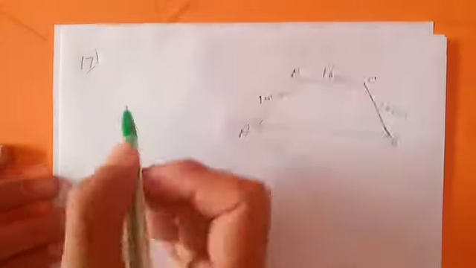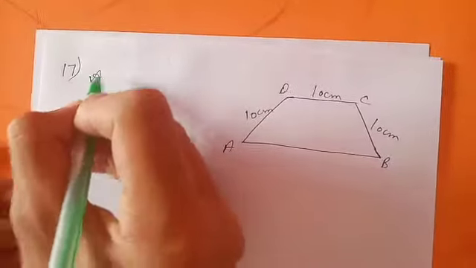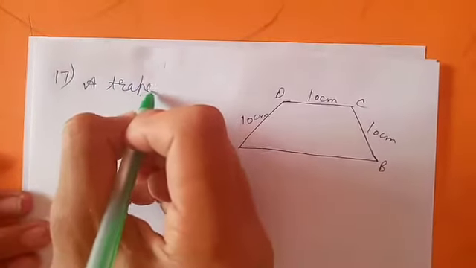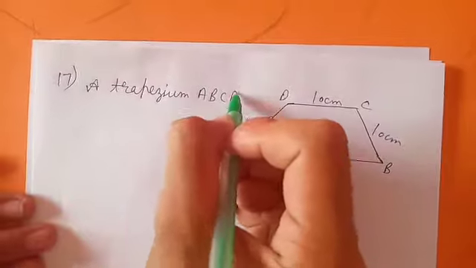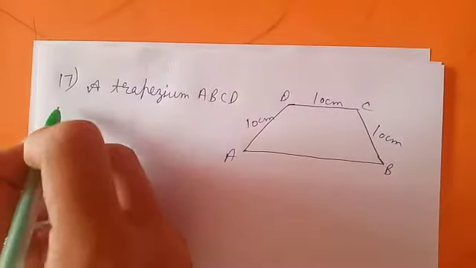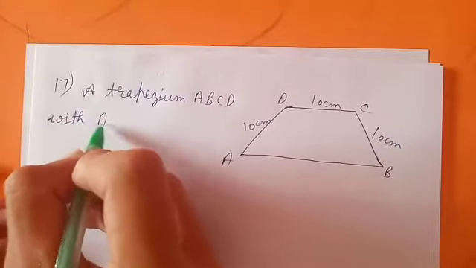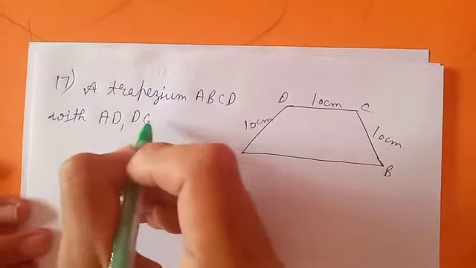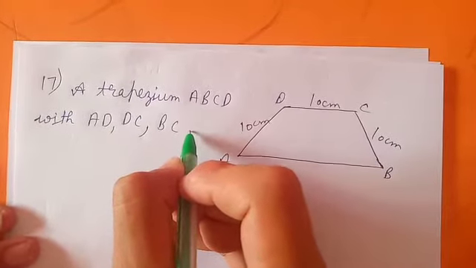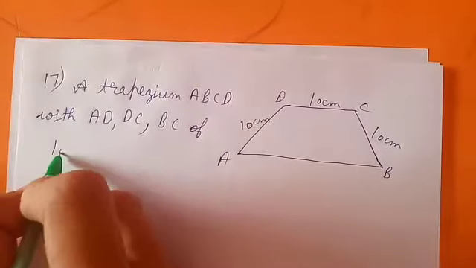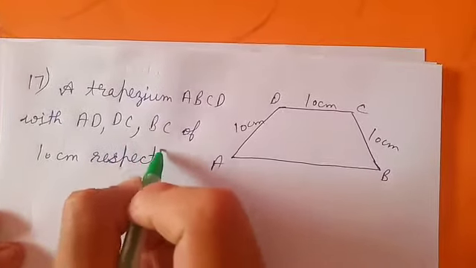Means what is given: a trapezium A, B, C, D with AD, DC and BC of 10 centimeter respectively.